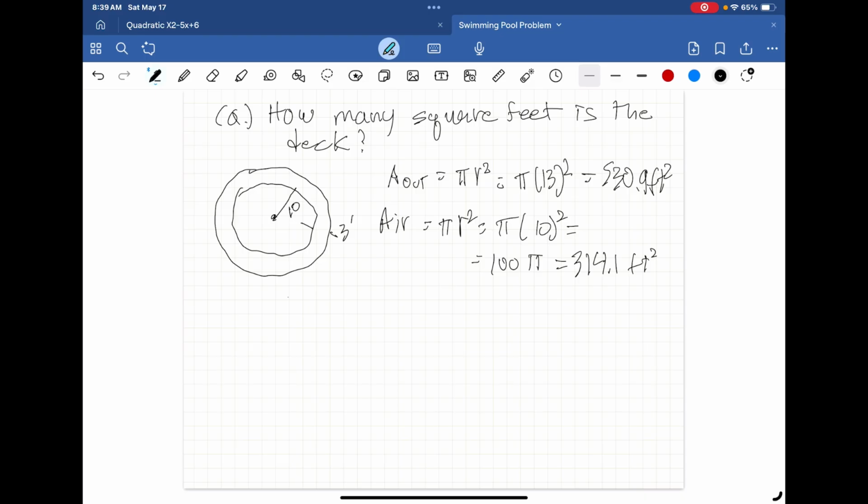So now the difference, which is going to be the area of the deck, the delta's difference symbol. So the outside minus the inside is equal to 530.9 minus 314.1. Do that in our calculator again.